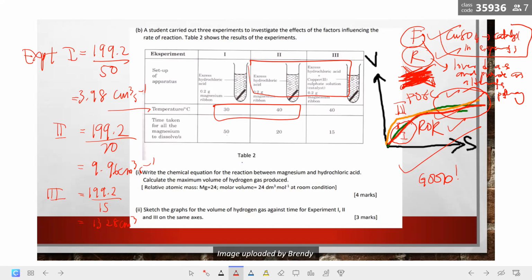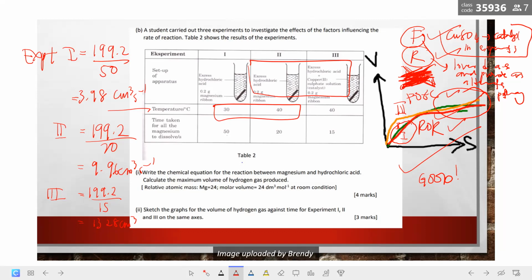Therefore, the frequency of effective collision between... I always get stuck here. What are your reacting particles which Mukni mentioned just now? What are they?